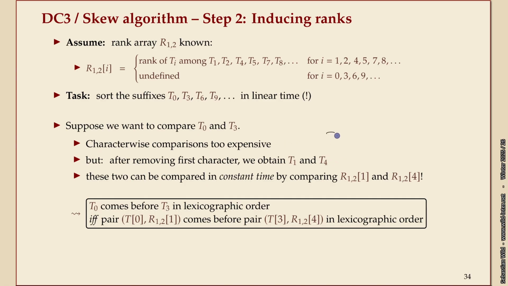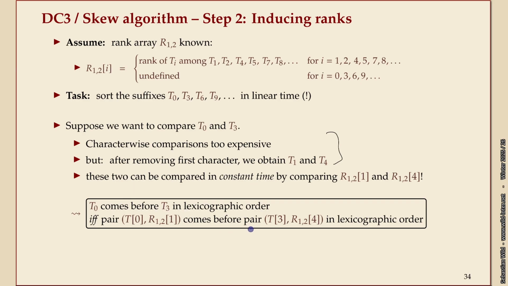These two together we can combine into a single check by saying we're comparing pairs of a character and an integer. The first is one character of the string, and the second is one rank. And we compare these pairs in lexicographic order. And that's the same as comparing these suffixes. Okay?